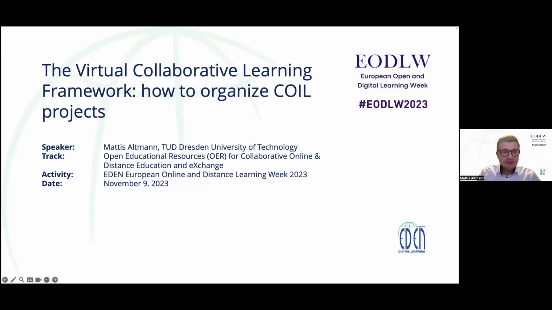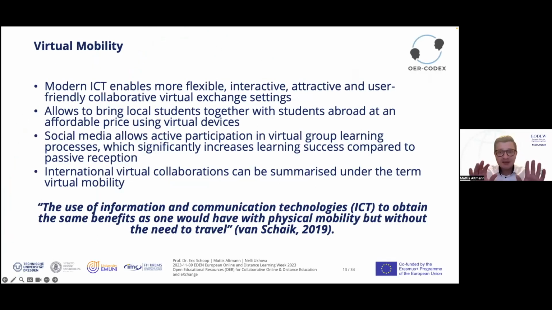But before we start, what is the aim of COIL? What is the aim of doing collaborative international learning? It's virtual mobility, but what is virtual mobility? So just 2 slides here to explain our main frame. So virtual mobility is a modern ICT and it enables more flexible, interactive, attractive, and user-friendly collaborative virtual exchange settings.